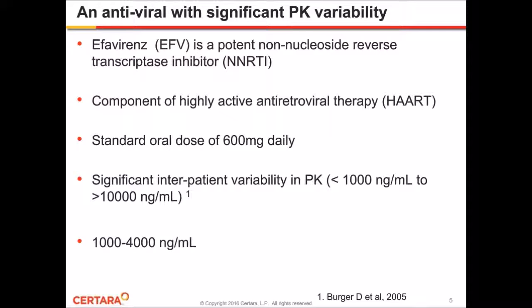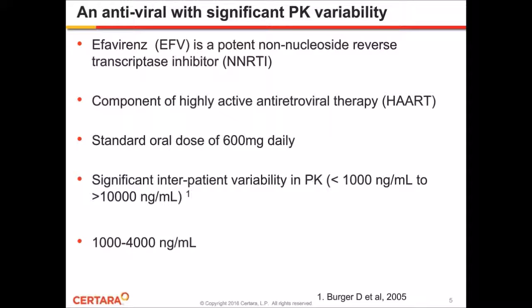They measured plasma concentrations that ranged from as low as below 1,000 nanograms per mole to higher than 10,000 nanograms per mole. And as you'll see, that's a huge range.